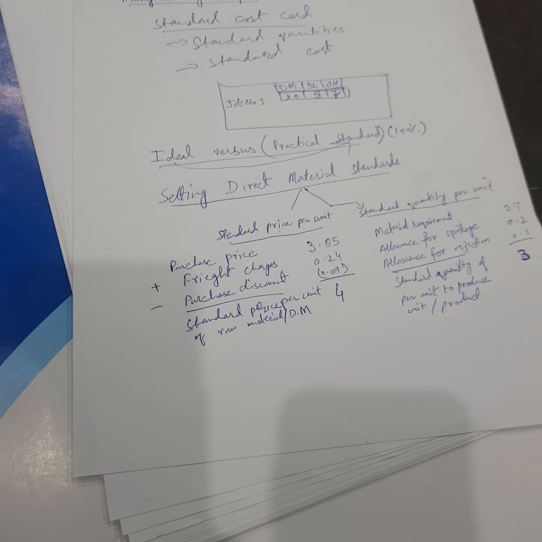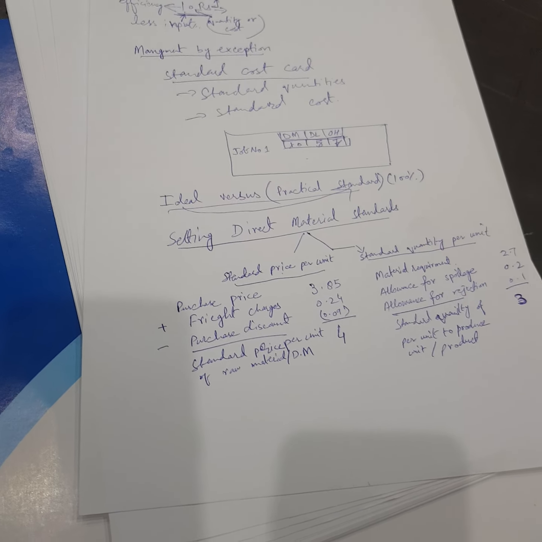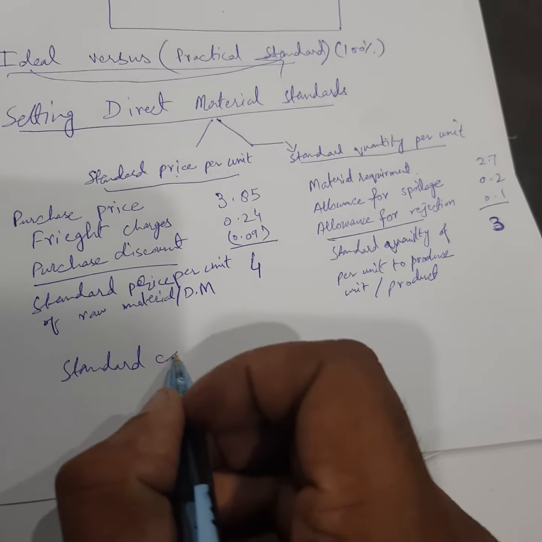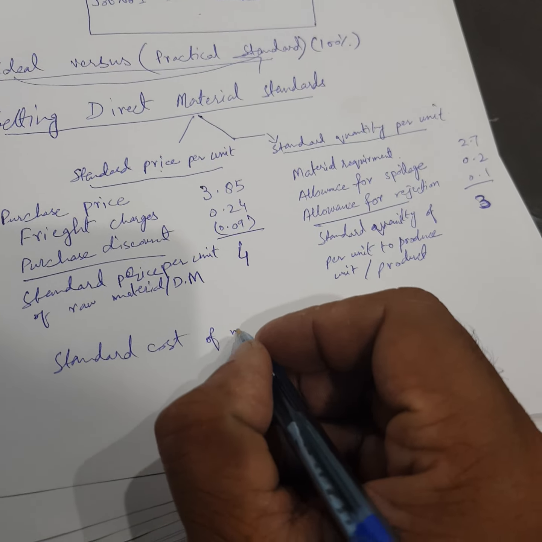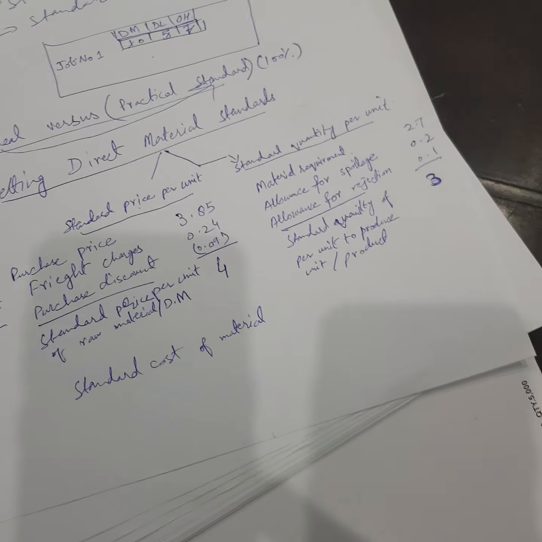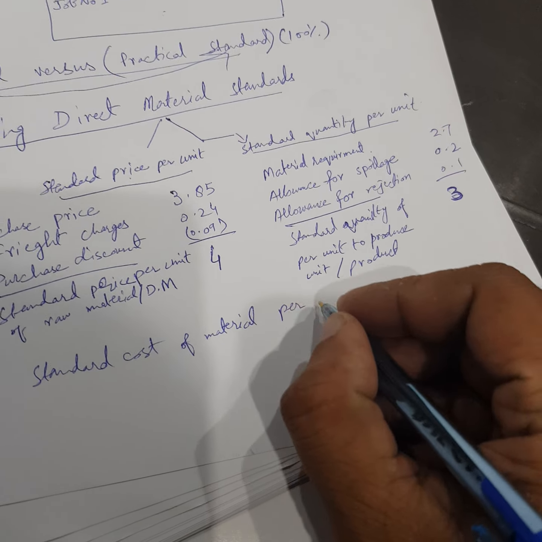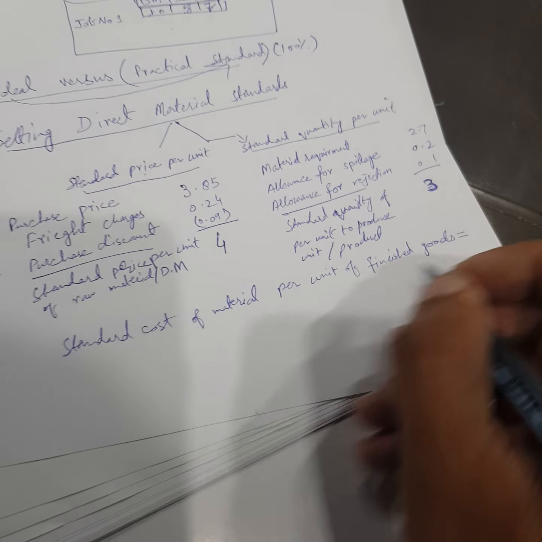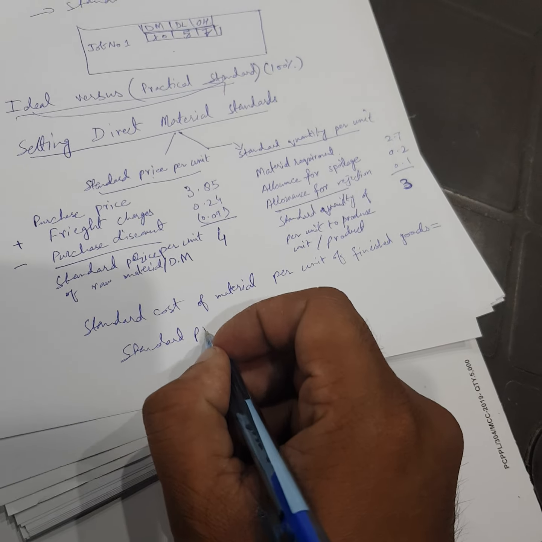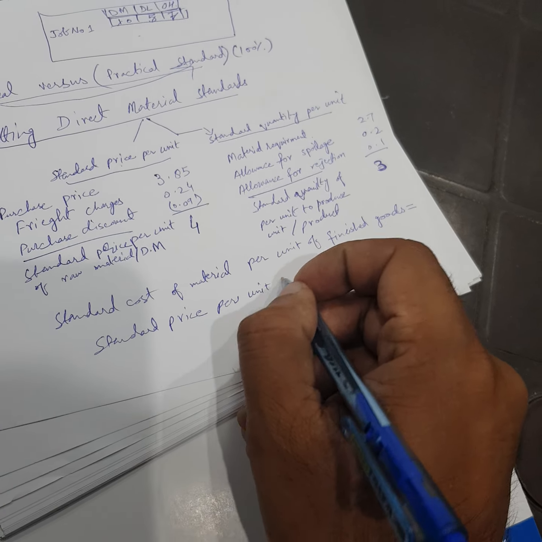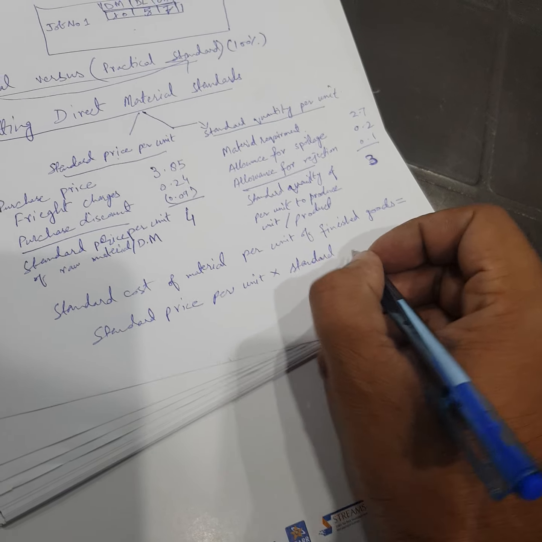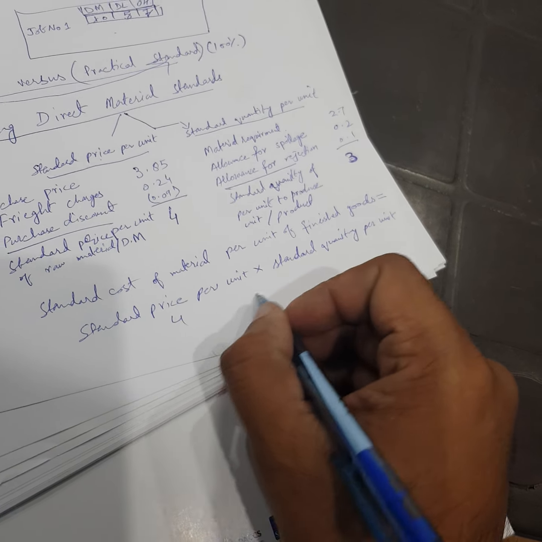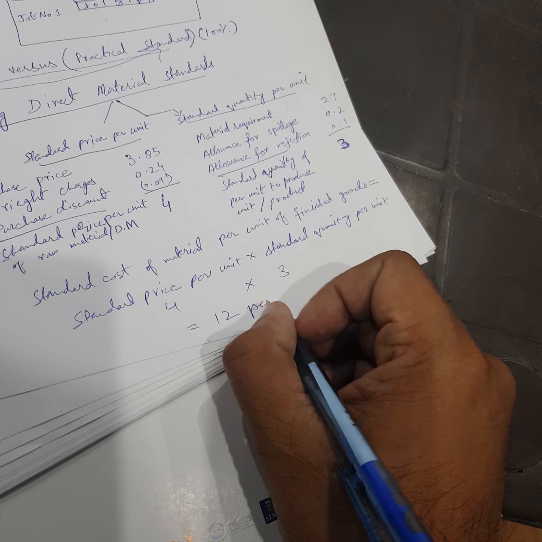So standard cost of material per unit of finished goods is equal to standard price per unit multiplied by standard quantity per unit. 4 multiplied by 3 is equal to 12 rupees per unit cost.